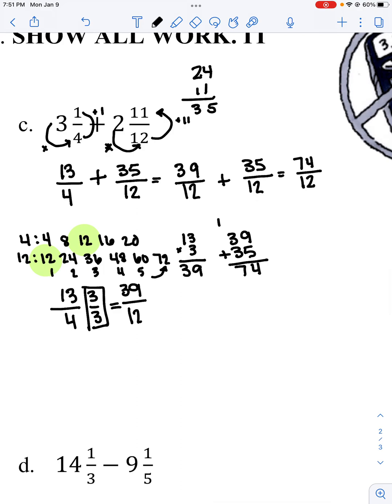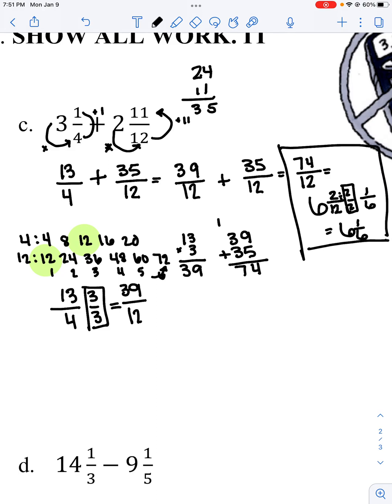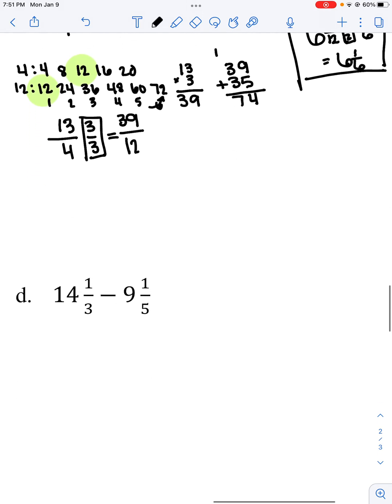Sorry. 1, 2, 3, 4, 5, 6 times. And I would have had 2 left over. I could take a giant 1 and say, well, 2 divided by 2 is 1. 12 divided by 2 is 6. So it's 6 1/6, or 74/12.